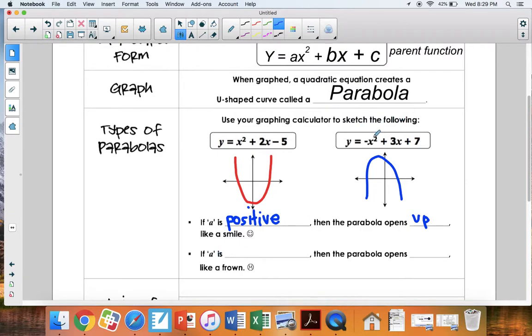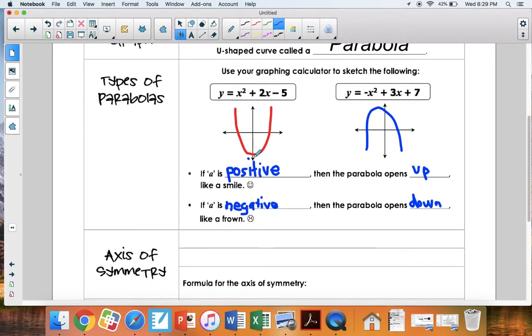If a is negative, it opens down like a frowny face. And those are the two types of parabolas that we're going to be working with, positive and negative, happy face or sad face.